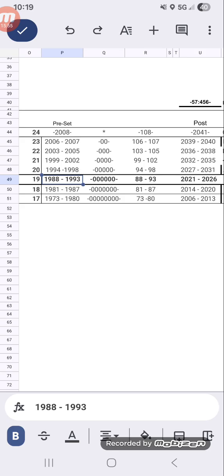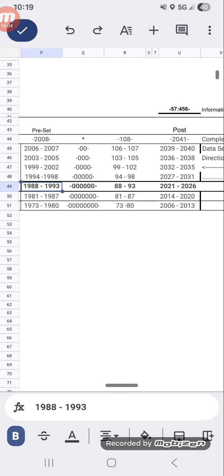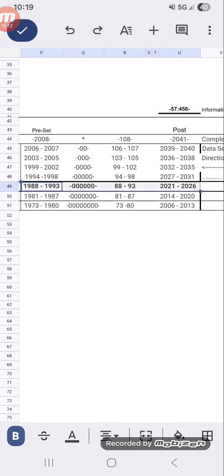Now we're looking at anything within 1988 to 1993 data settings here. Shift here, 2021 to 2026. I mean, there's really energy being released here from 2021 to 2026.